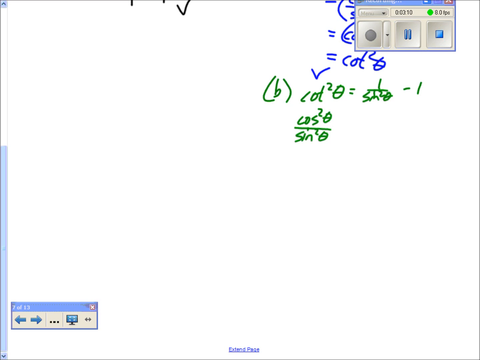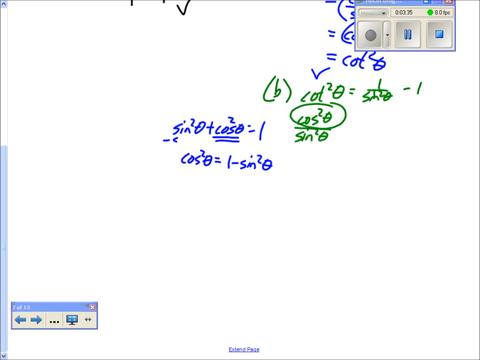So what we're going to do is, you notice the sine squared on the bottom, and you've got a sine squared on the bottom over there on the right-hand side. So you're like, well, let me see if I can make a replacement with that. So you once again go to the side and say, well, isn't sine squared plus cosine squared equal to 1? Sure it is. What is cosine squared equal to? Well, that would be 1 minus sine squared, right?